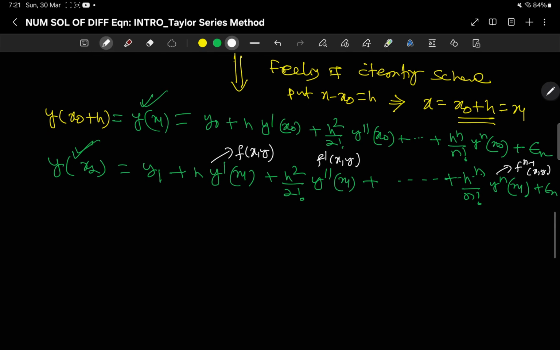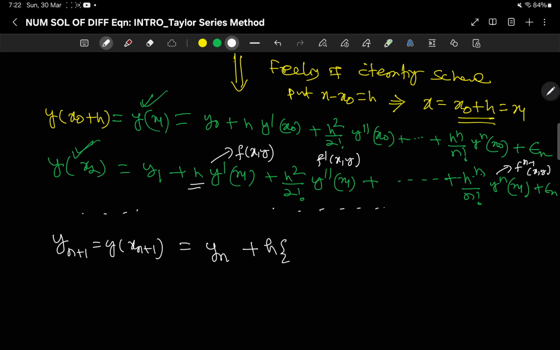So consequently if I continue like this, I can write y of x_(n+1), or y_(n+1), is y_n plus h times, suppose I write it f_n, so it is f_n(x_n, y_n).